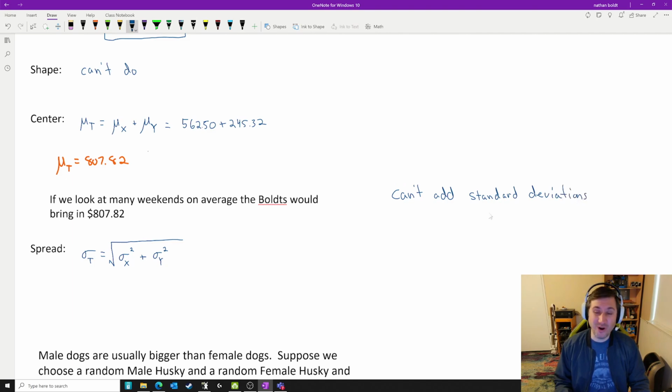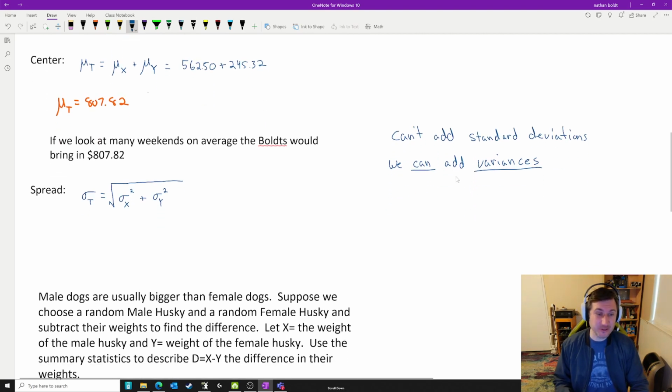But we can add what's called the variance. Okay, and the variance is simply the square of the standard deviation.